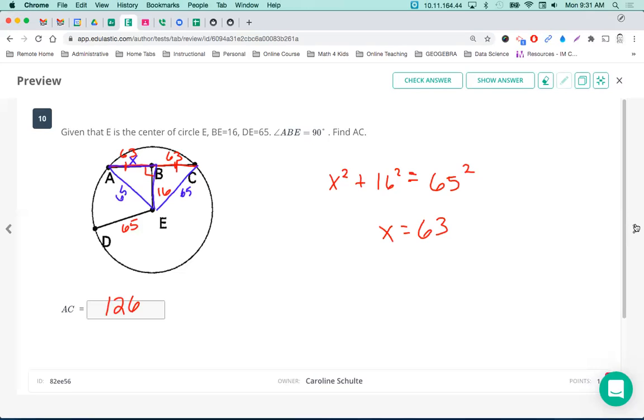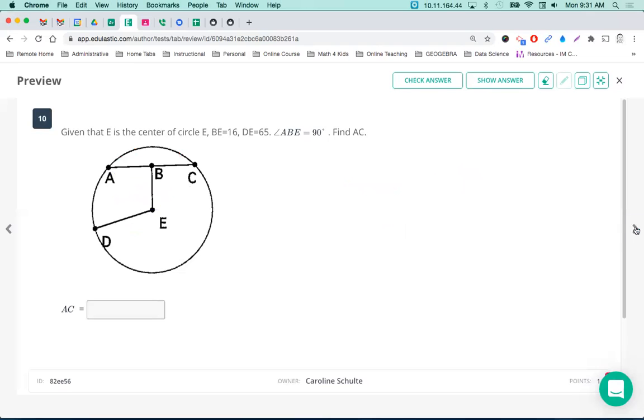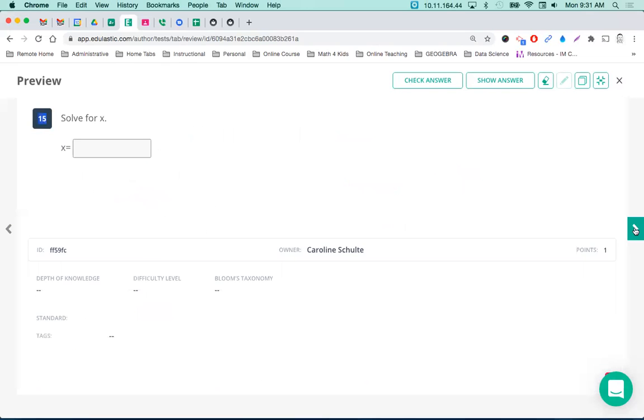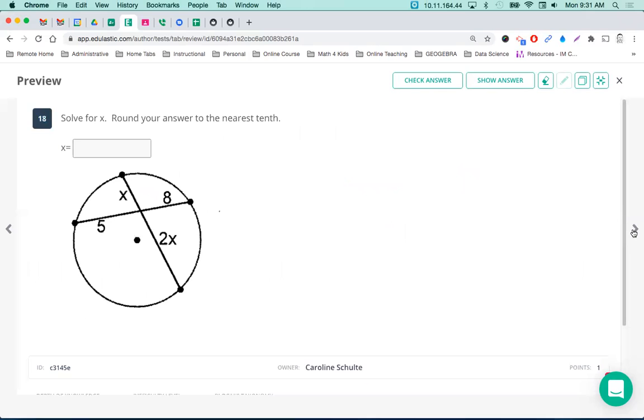All right, number 18. Solve for x. We have two chords that intersect. And we know that if we take the two segments from, we'll call this the blue chord, and multiply the two segments together, 5 times 8, it'll equal the multiplication of the two segments from the green chord.